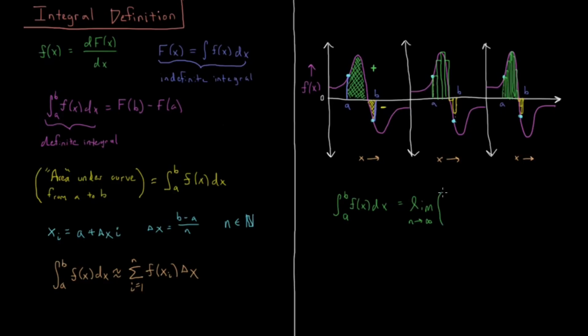Notice that for the derivative we had a limit as h went to 0. Now we have a limit as n goes to infinity of the sum i equals 1 to n of f of x sub i times delta x. So it's the limit as our little squares get infinitely small and the errors go away, and we have the exact area under the curve of this function.